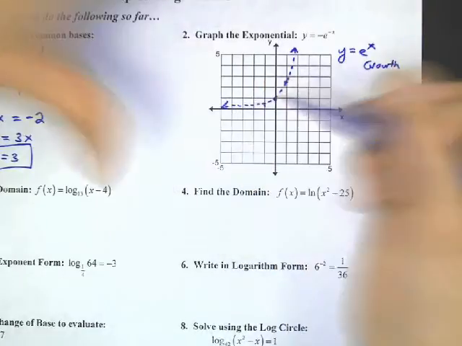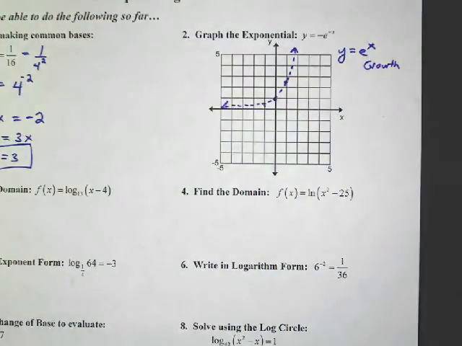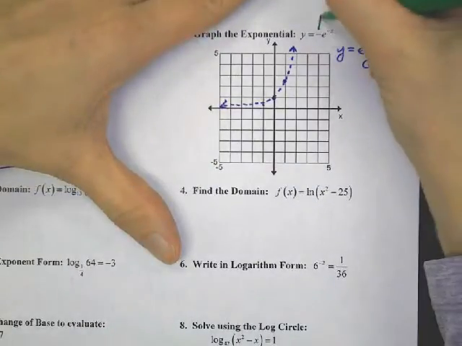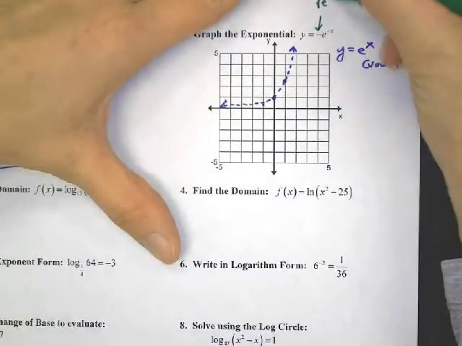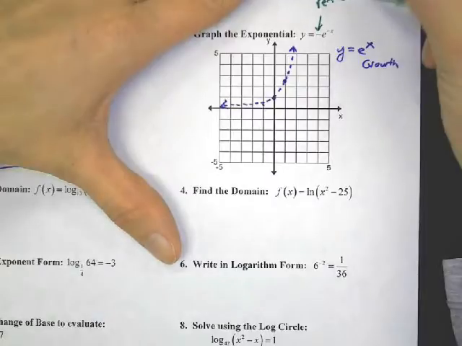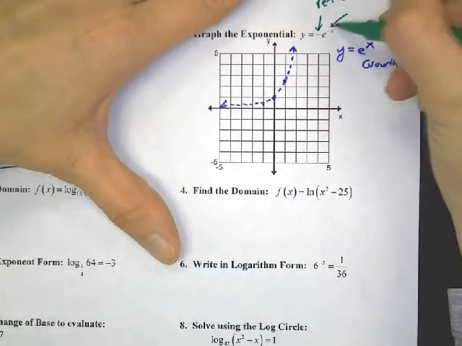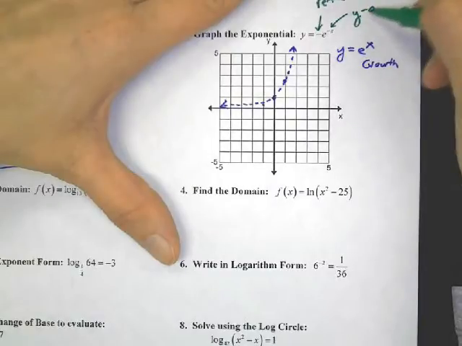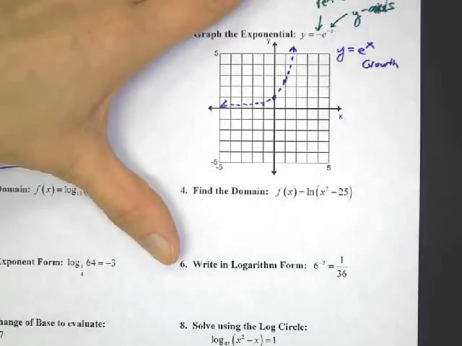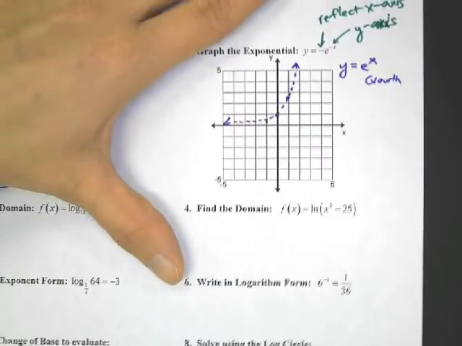So here is the basic exponential growth, e to the x. It's a dotted one because that's not the actual graph. Now I was asked to do negative e to the negative x. Out in front, this is a reflection over the x-axis, and a negative here by the x is a reflection over the y-axis. So I have to do a double reflection here.